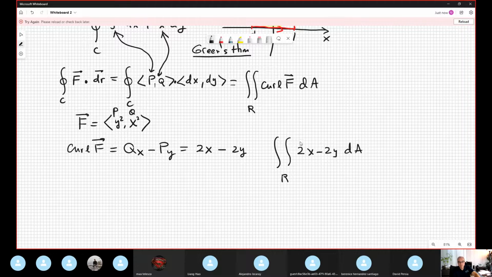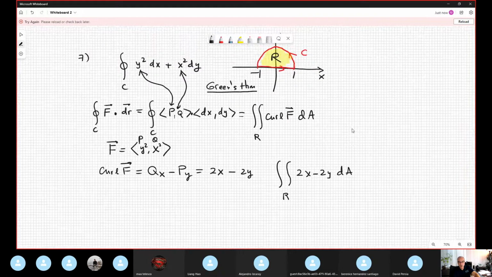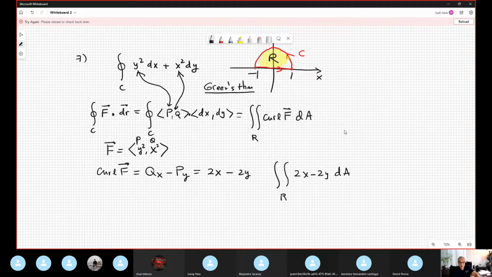Boom. So now is the crucial moment. Are we using Cartesian or are we using polar? I suppose that polar is better, right? Polar is better because it's a semicircle.